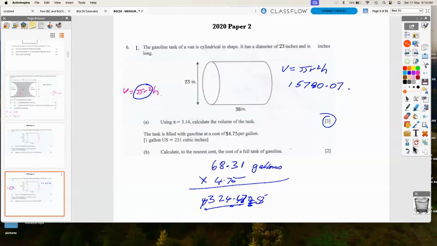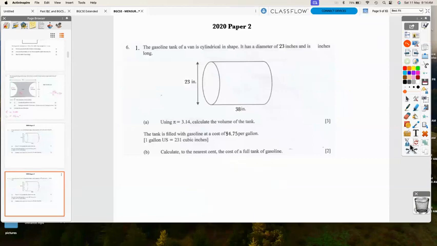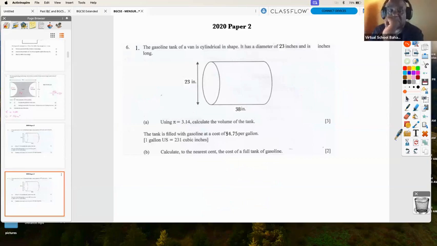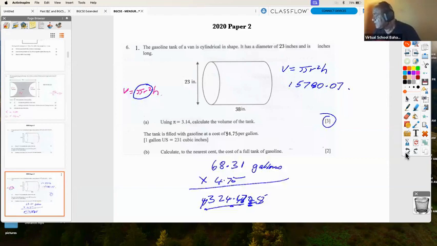When I didn't round the first time for the 68.31 and I multiplied it by the 4.75, I got 324.41. Really, how you put it in your calculator, only you were correct. If you round twice, we will get a different answer than if you round once at the end. So when you divide this by 231, you'll get an answer, right?